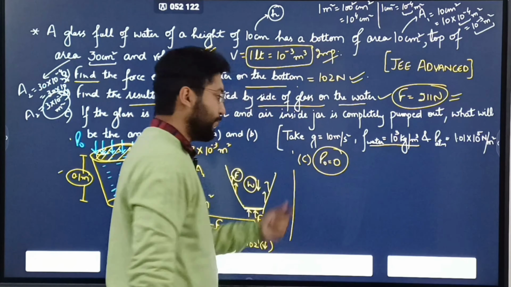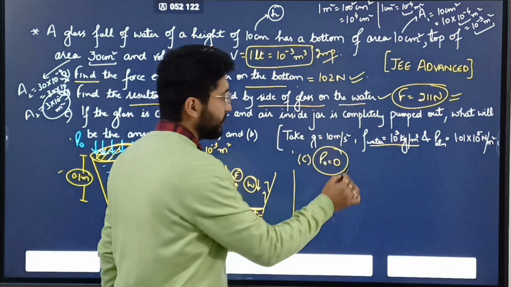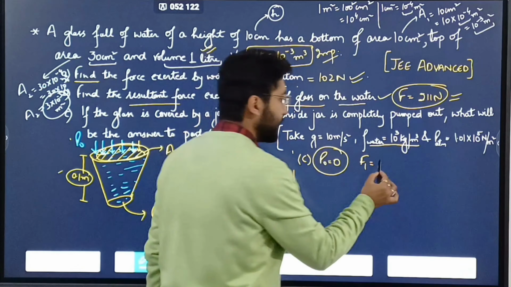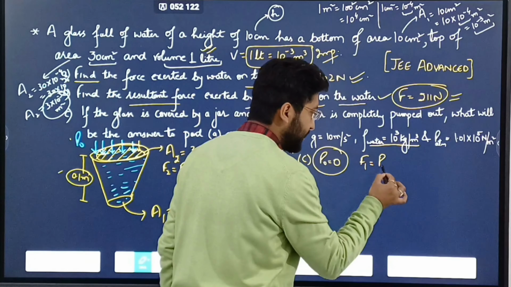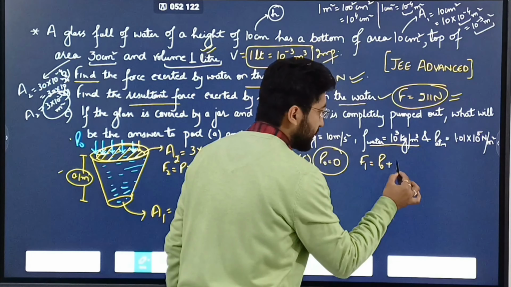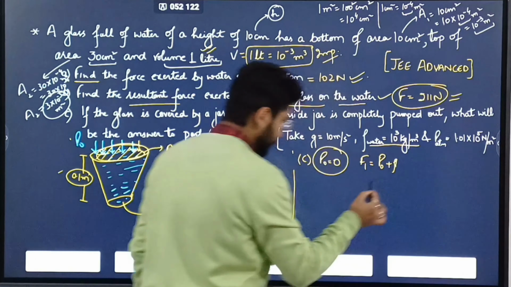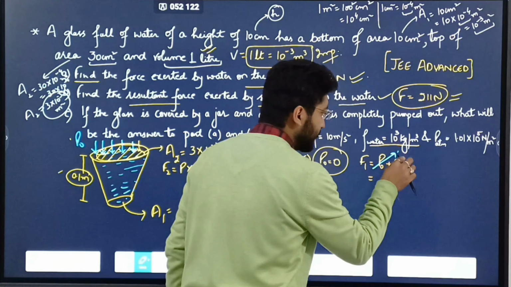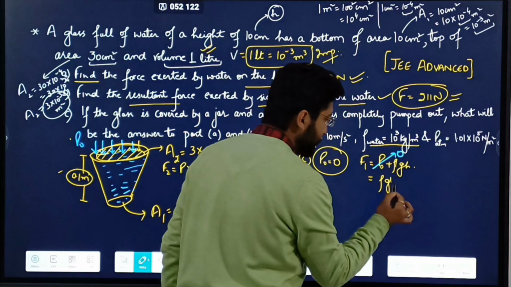If atmospheric pressure is equal to 0, then the value of F1, as we studied earlier, is P naught plus rho g h, but here P naught comes to be 0. So only rho g h remains.